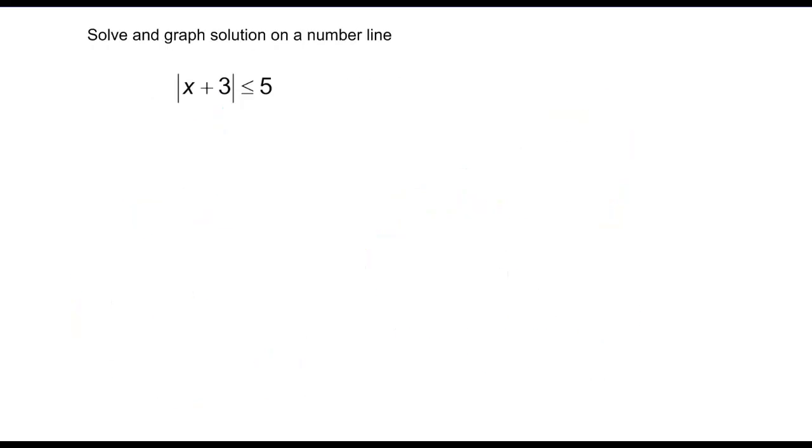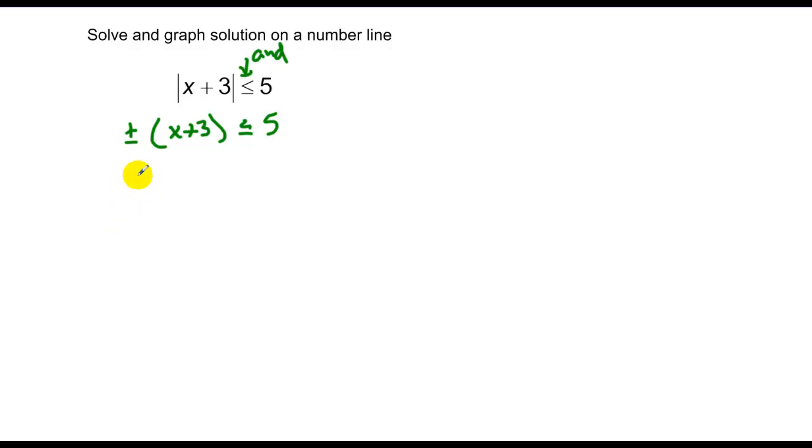We want to get rid of the absolute value because we can't work within it, and create two equations, a plus or minus equation to remove that absolute value sign. So, again, here's an absolute value less than or equal to, so we know this is going to be an AND problem. And I have plus or minus x plus 3 less than or equal to 5.